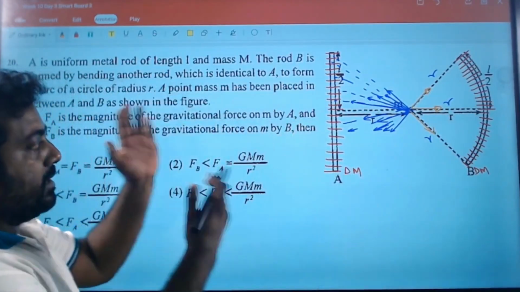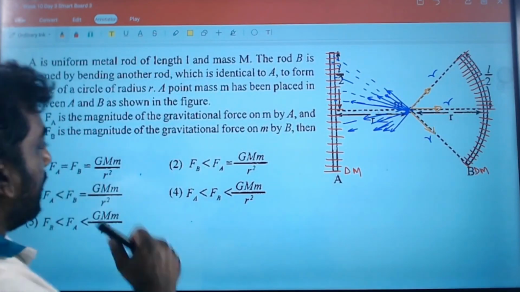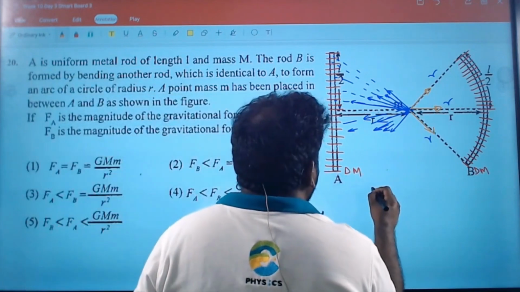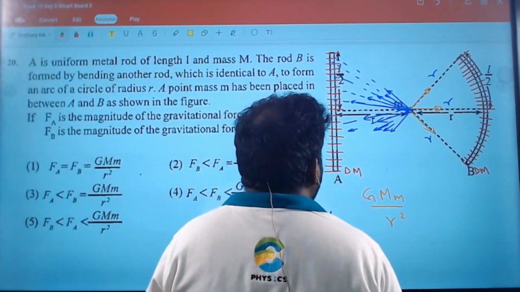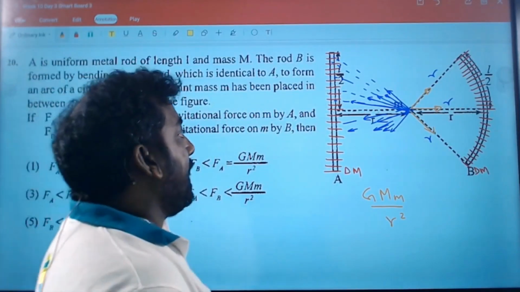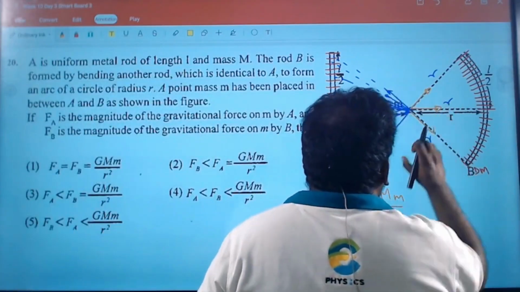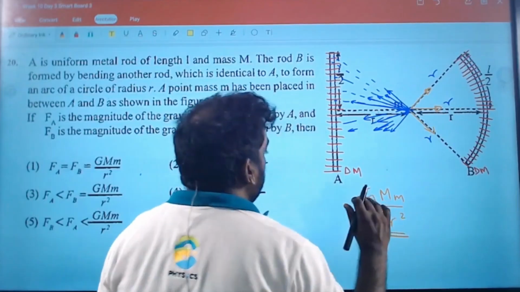Again, cos components are there, sin components will cancel off. So looking at this, what can you say? Capital G M over R squared, that's your normal situation. But here now it's going to be delta M and you are taking cos components, so it's going to be smaller. But the distance is going to be the same.